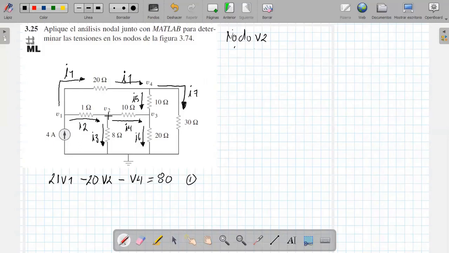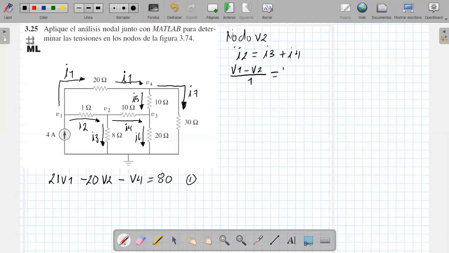At node V2 we observe that the current entering is I2 and the ones that come out are I3 plus I4. Therefore the current I2 would be V1 minus V2 over 1, going to be equal to I3 plus I4.